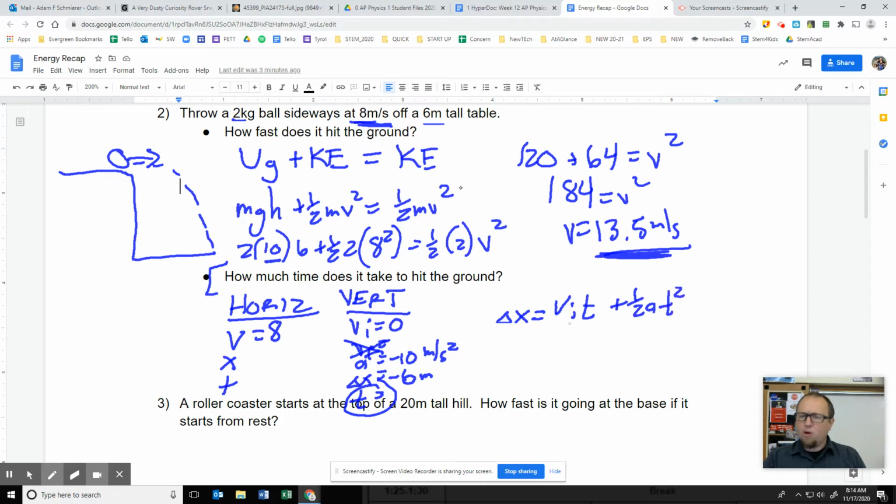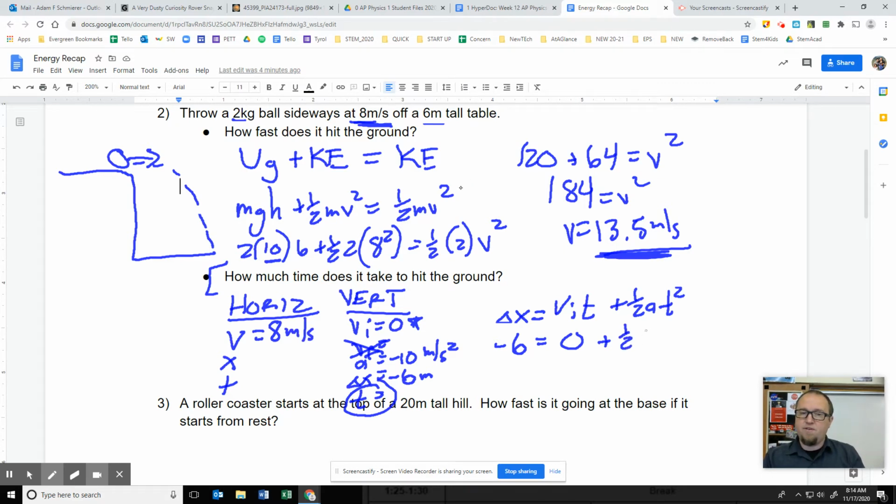I hope this is a good review. The fact that you're listening to this, rock on. So it falls -6 meters, initial 0, because it's going horizontal, so it's not gaining altitude or losing, it's just getting shot sideways, so there's no initial velocity vertically here. It is moving at 8 meters per second horizontally, though.